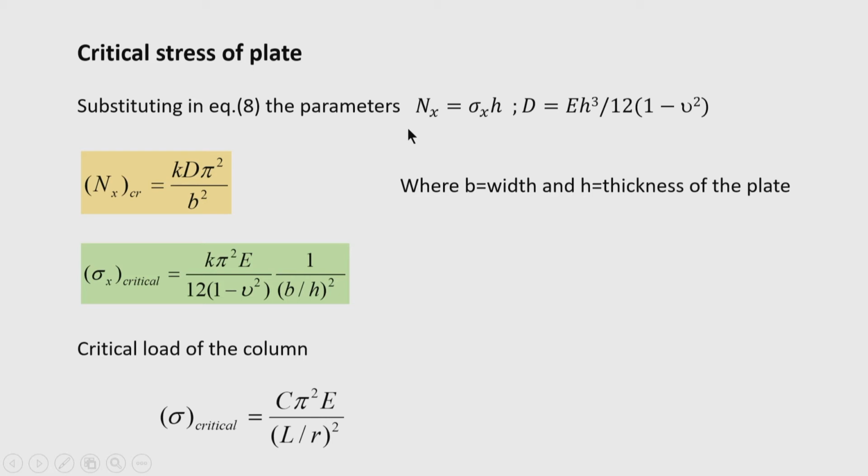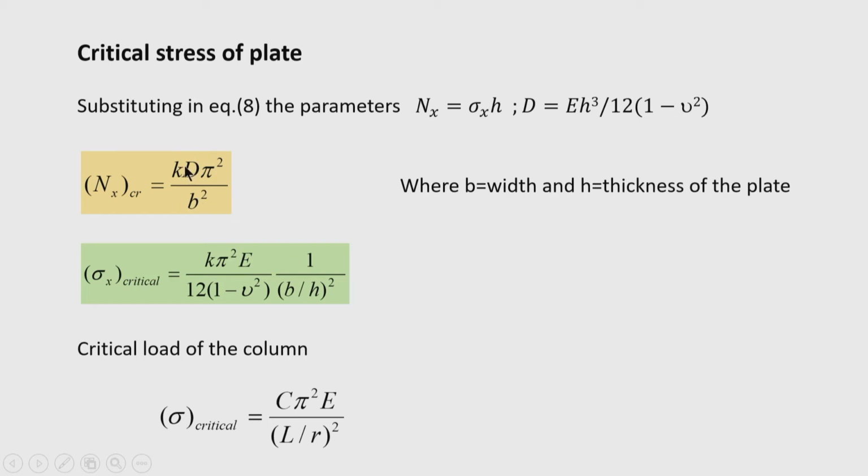That means, if sigma x is the normal stress along the x direction, then sigma x into h into 1, h being the thickness of the plate, will give you N x. Therefore, sigma x, which is the critical stress in the x direction, can be found as sigma x critical equals k D pi square/b square. Here actually we have to divide it by h. Okay.